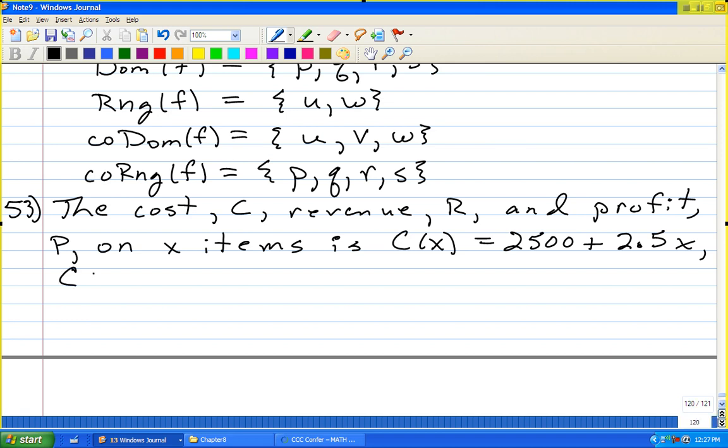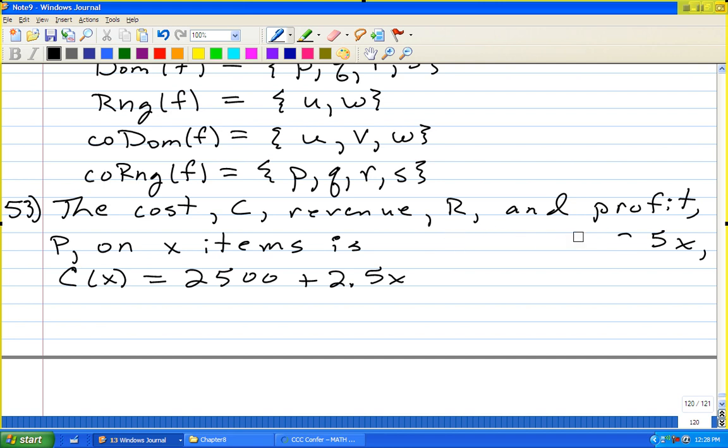Maybe I'll write it here. C of x equals 2500 plus 2.5x. R of x is equal to 8x.